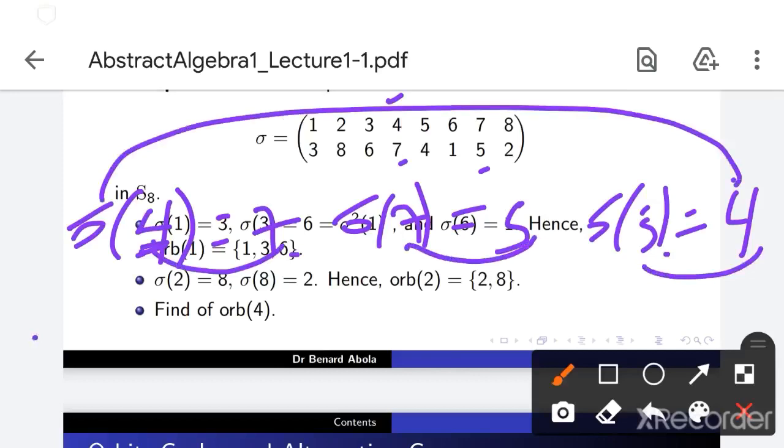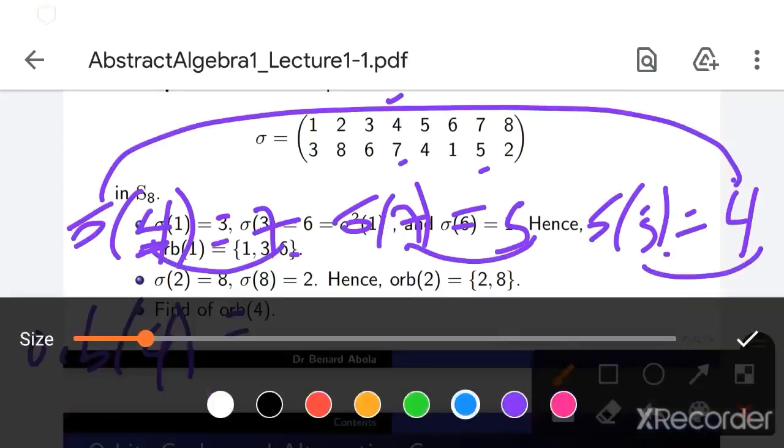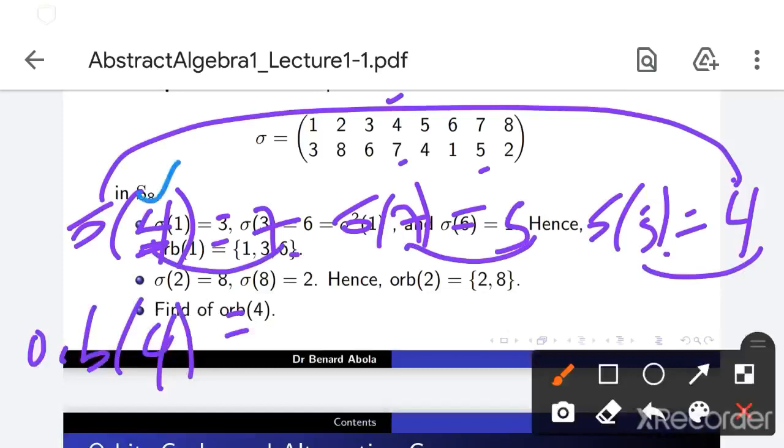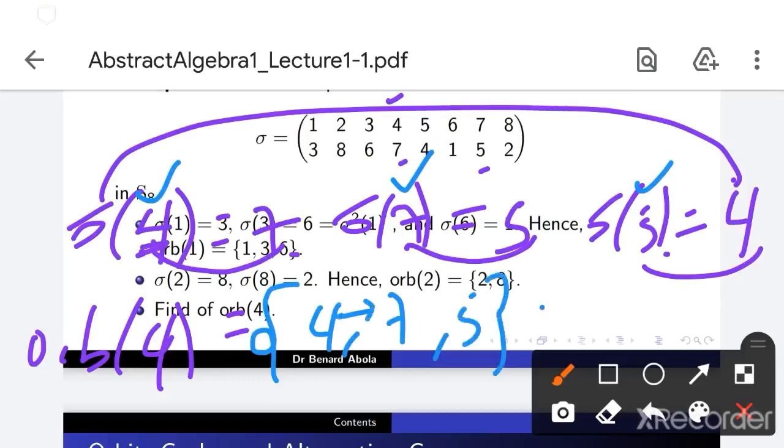That means my orbit of 4 is going to be the inner ones, 4, 7, and 5. So I have the set of 4, 7, and 5. You write them in that order, because 4 gives you 7, 7 gives you 5, and 5 gives you back 4. Are you getting that? So that becomes an orbit.